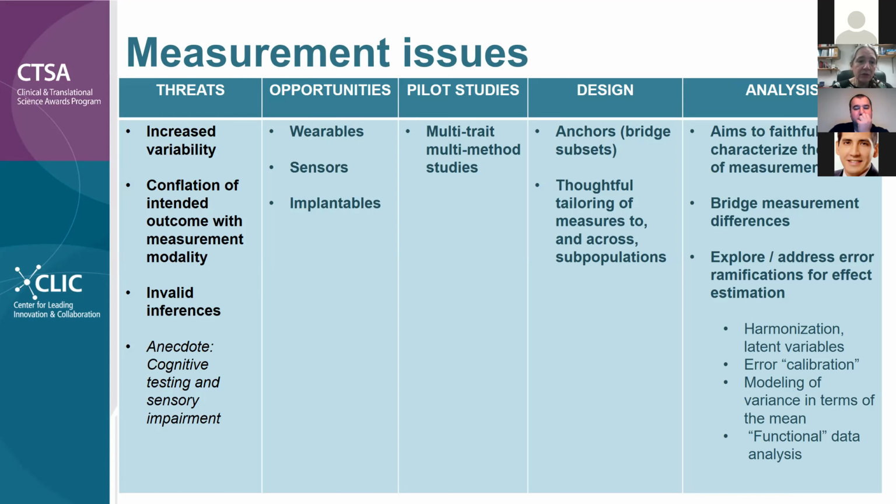In either case, inferences can be unnecessarily imprecise or even invalid. Another example is cognitive testing and sensory impairment. Many cognitive tests require one to be able to see letters and numbers, or to hear instructions. So it can be really difficult to tell, in persons with sensory impairment, whether there's a cognitive impairment or just a sensory impairment.